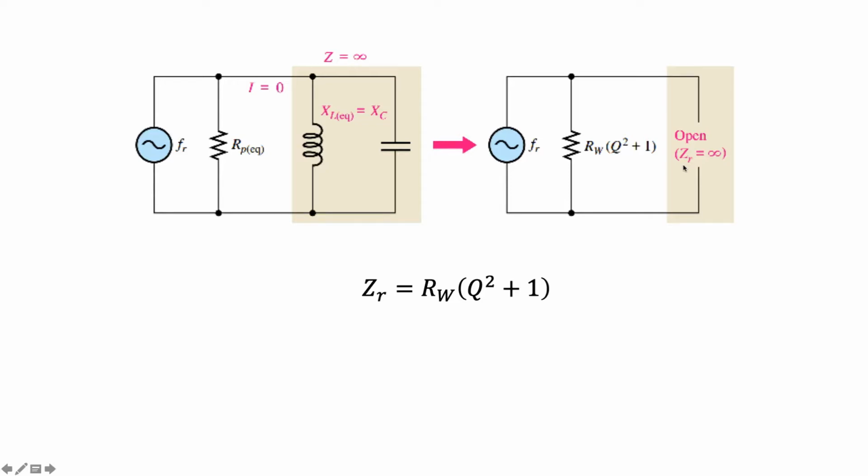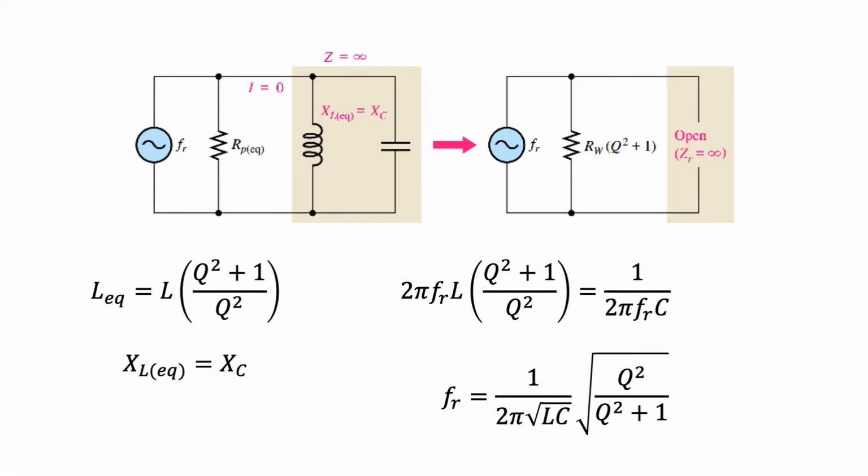Thus, the total impedance of the circuit is equal to the equivalent parallel resistance of our R sub P EQ and the tank impedance. Since the tank impedance is infinite, the total impedance of the circuit is just equal to the expression above as derived previously. Notice that the tank circuit's inductive reactance changed.